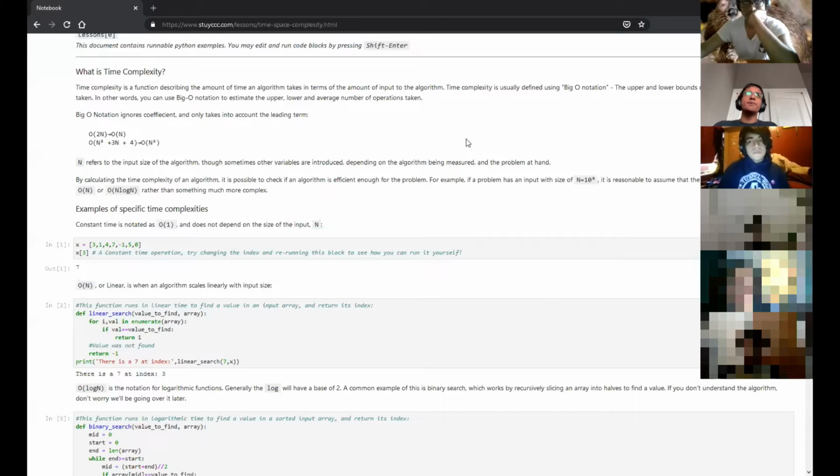So if you have a problem in a competition, and the problem has a sample input, and it says the input can be between 0 and 10 to the 5 members long, you can reasonably assume that the algorithm is not going to run in n squared operations, because 10 to the 5 squared is 10 to the 10, and 10 to the 10 operations is a lot. You can assume that the algorithm you're trying to make to solve this problem is going to be running in either linear or logarithmic or something much less than polynomial time.